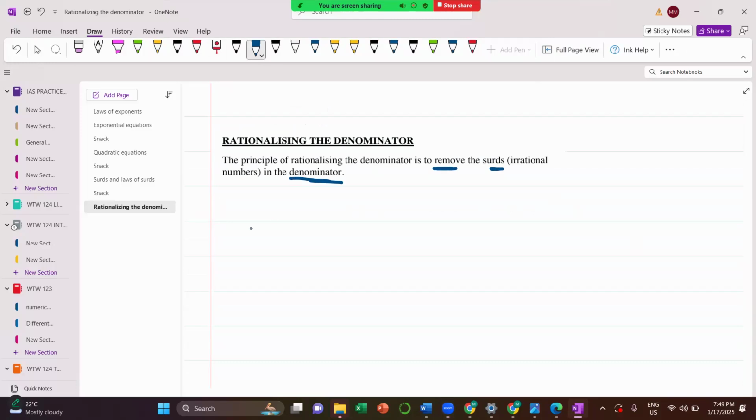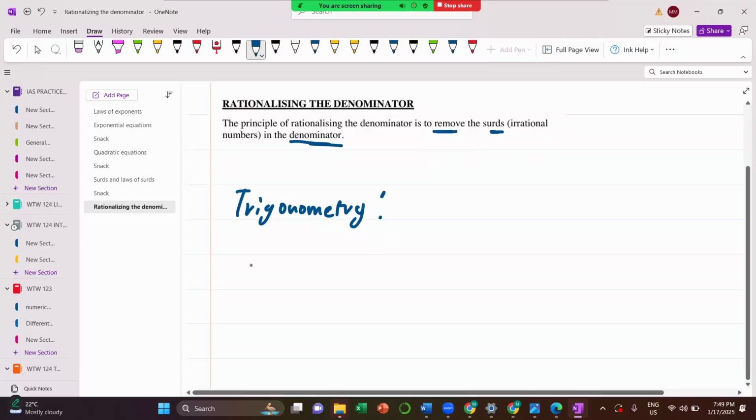So I'm going to give you guys a quick introduction to this. Let's go back to your trigonometry really quick, but I'm not going too deep into it.